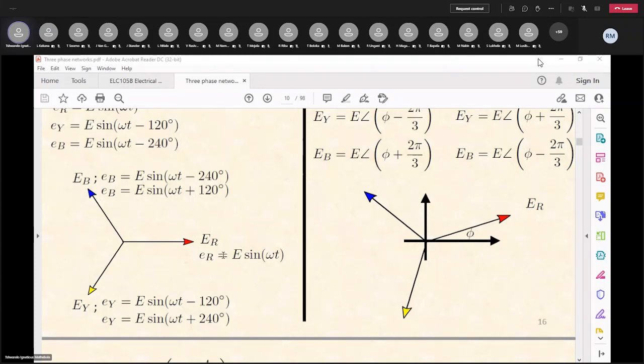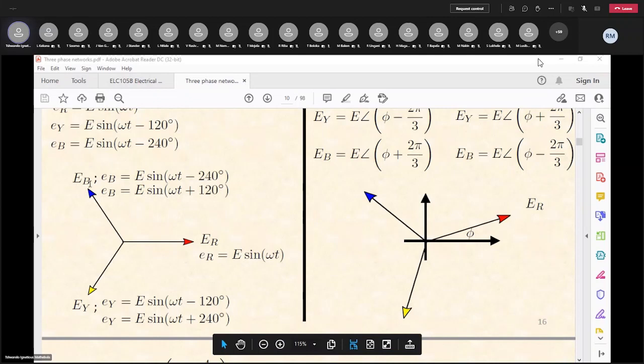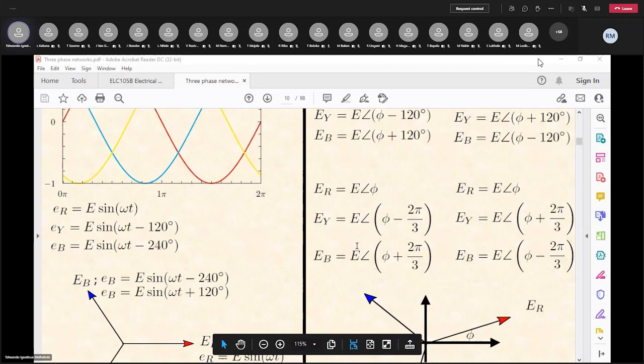So if this is at 0, we will say EY is at minus 120 and then EB will be at plus 120. So you can forget about the 240 conversions. They are equivalent, but we seldom use that.